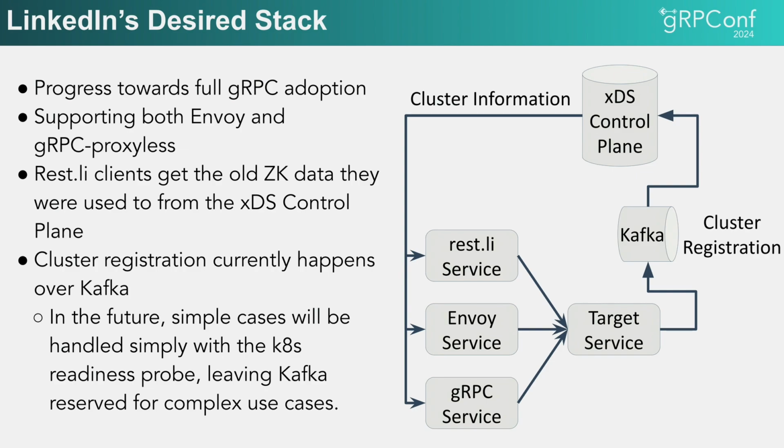The cluster registration, which used to happen over Zookeeper, now happens over Kafka because it's much more scalable. And in the future, as we're migrating towards Kubernetes, we're hoping to completely, or almost completely, get rid of the Kafka registration service, because most services don't have to have complex registration logic. They just say, hey, I'm this service, just send me some traffic.